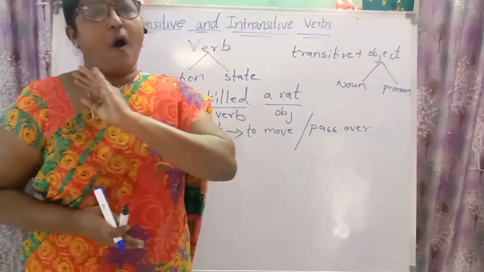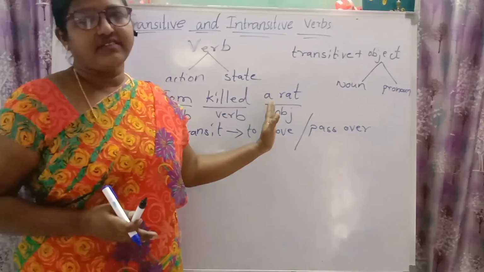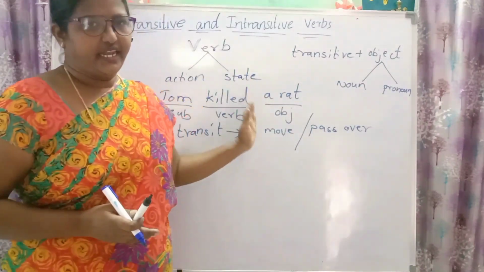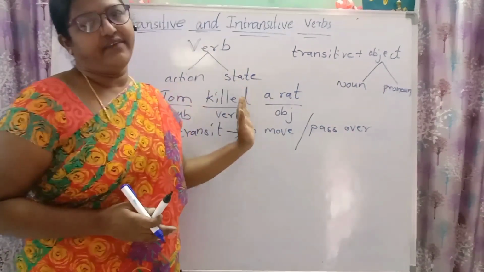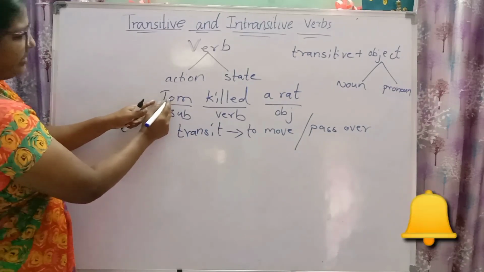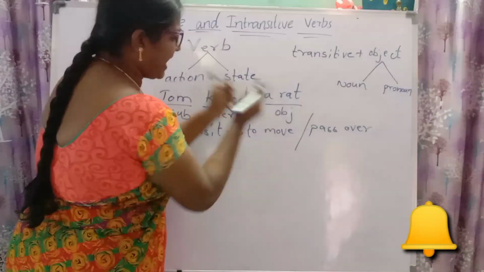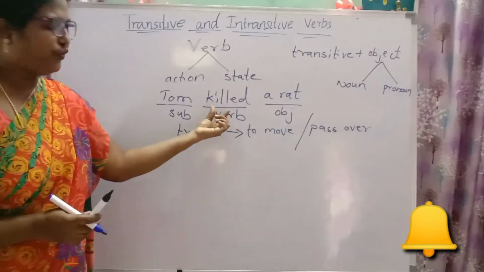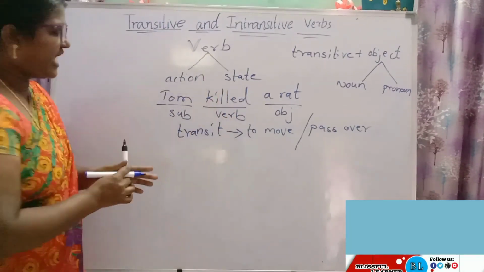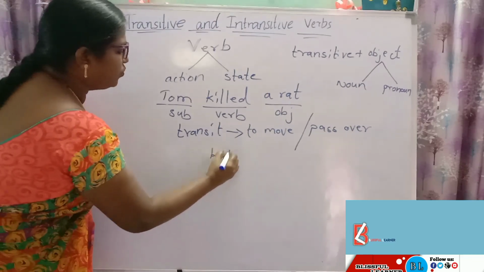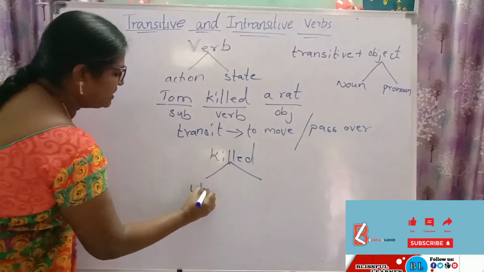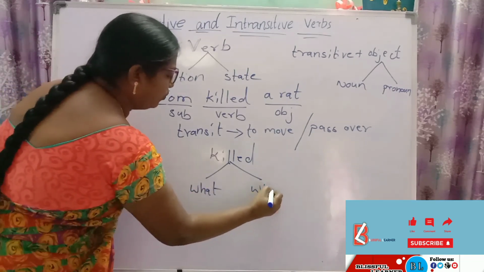But not all verbs which have an object come under transitive verbs. Then how to identify transitive verbs? Now, when you see this example, Tom killed a rat. To know whether the verb killed is transitive or not, we have to question the verb with the question words what and whom.